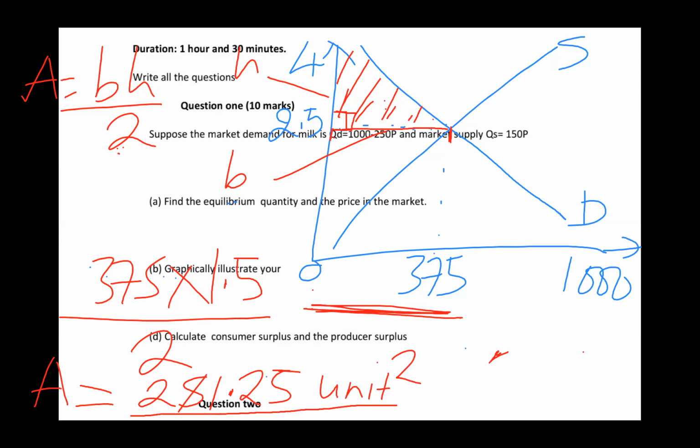So you write: therefore, consumer surplus, write in full, is equal to 281.25 units. Is that clear? Is there any question?